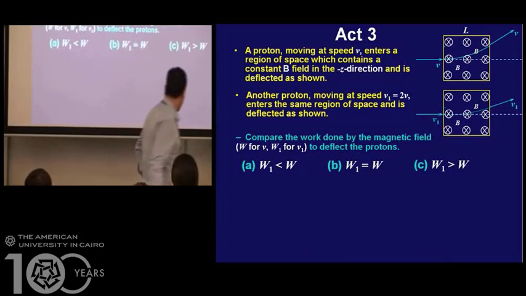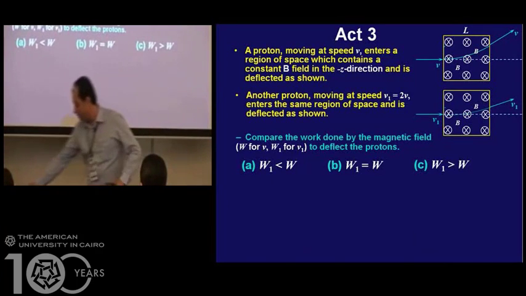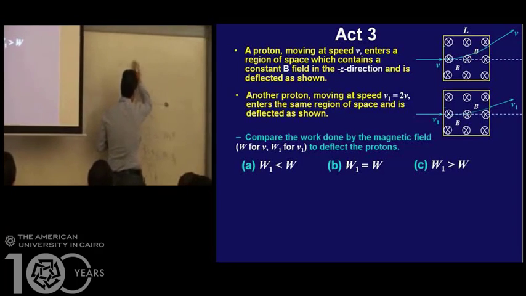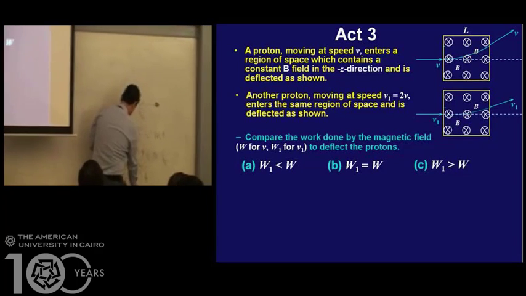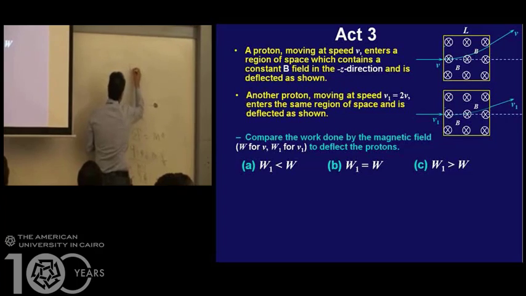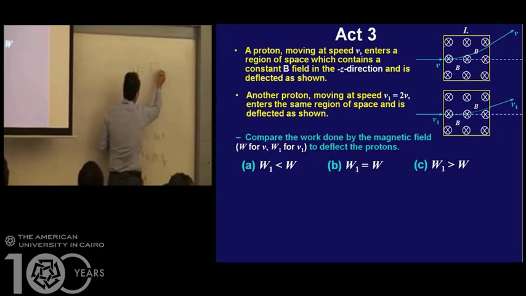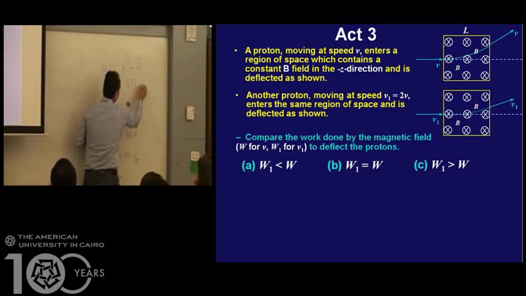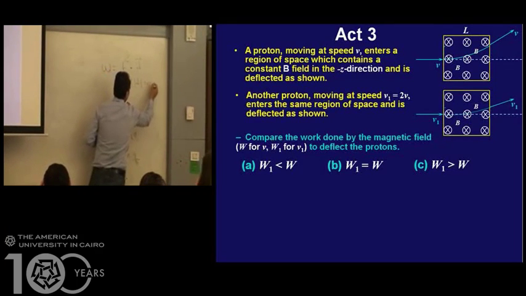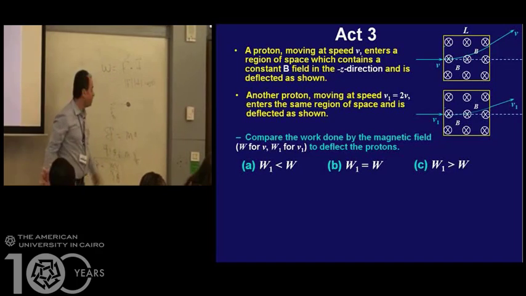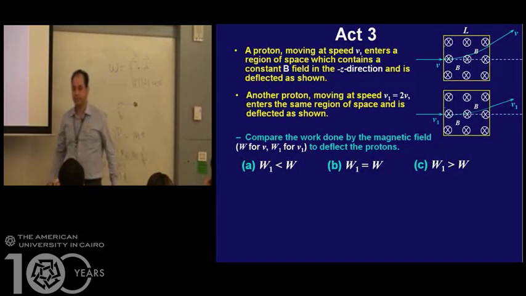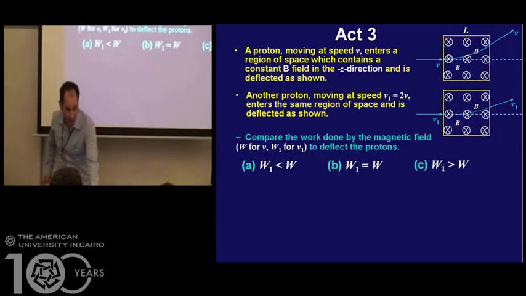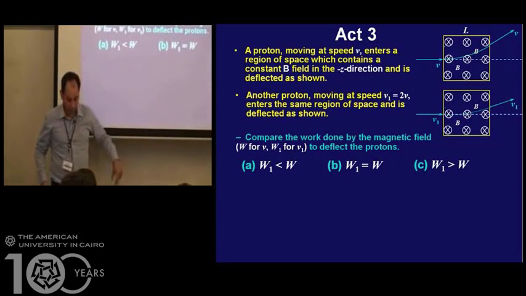And the work done, as we know, is equal to force dot displacement, which is equal to the magnitude of the force times the magnitude of the displacement times cosine the angle between the two of them. What's cosine 90? 0. So in the two cases you get 0 work. That's why the work in case number 1 equals the work in case number 2.